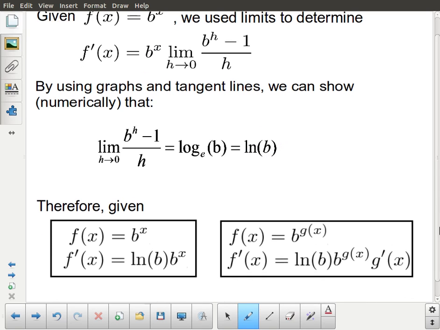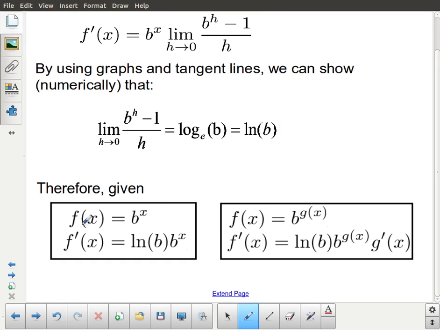So for example, if we start off with f of x equals a generic b to the x, then f prime of x, normally we write constants first rather than last. Here it's written last. Normally we would write that first. So the derivative of b to the x is ln of b, the natural logarithm of this constant, this b value, multiplied by the original exponential function, which is b to the x.